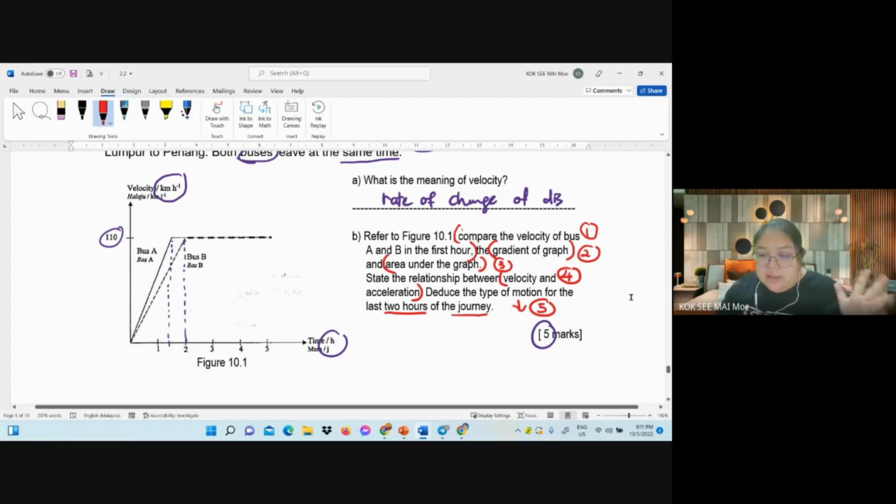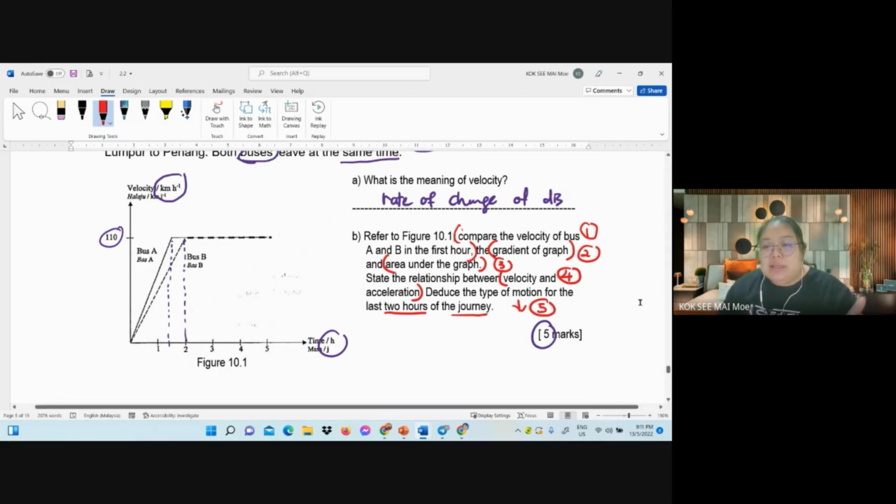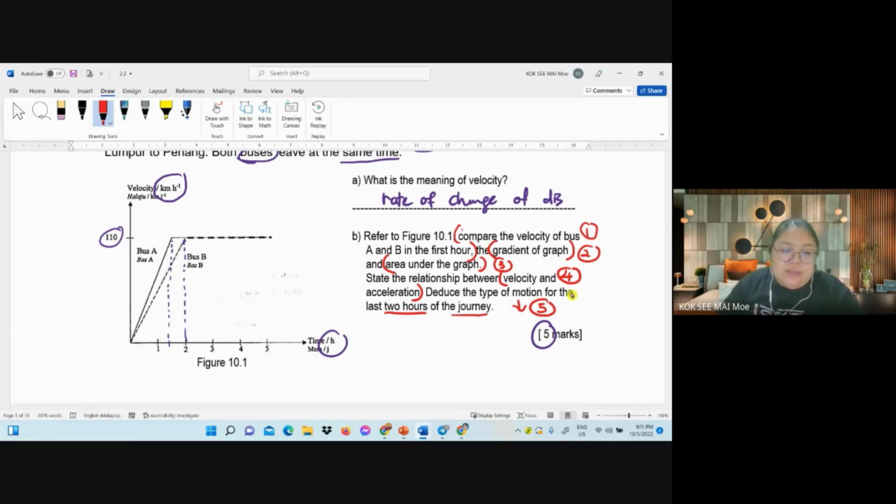So we got 5 things here. So you can write in point form. We don't need to write in paragraph. You just one by one write in point form. Okay, no problem. So we're going to see the first comparison for the velocity of bus A and bus B for the first hours. First hours means here.